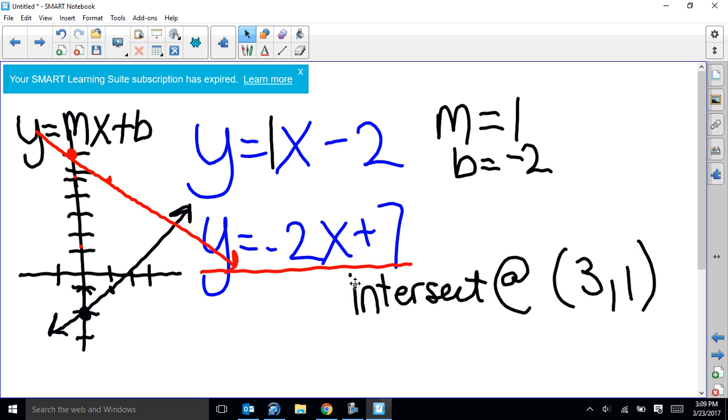Right? So you have now this line here. Where's the y-intercept at? Okay. And which equation does this go to?